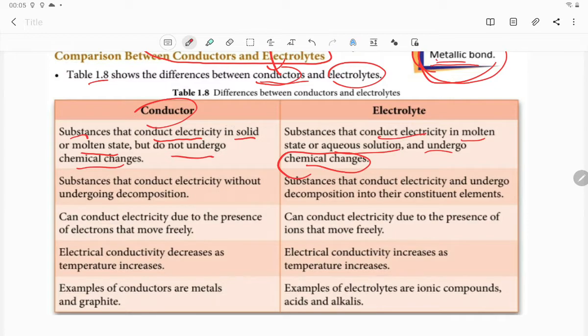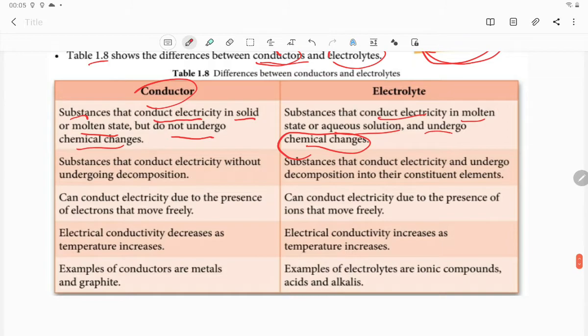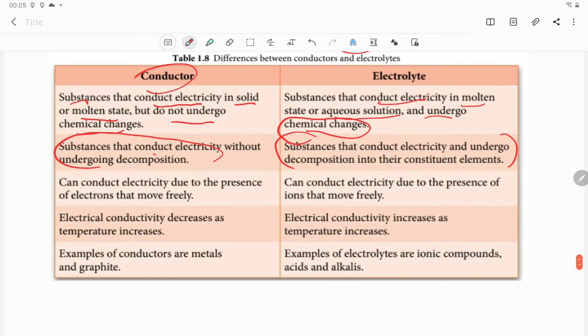For conductor, next, a substance that conducts electricity without undergoing decomposition. For electrolyte, a substance that conducts electricity and undergoes decomposition into its constituent elements.